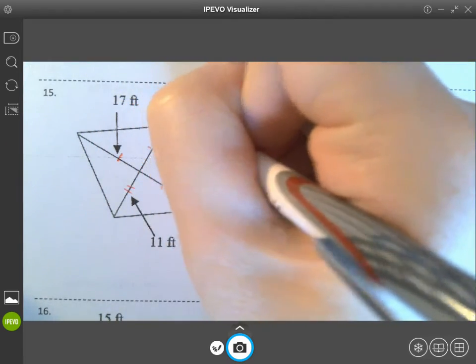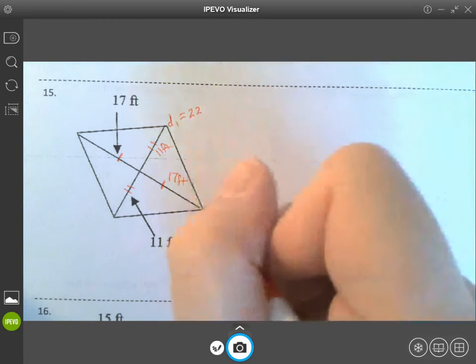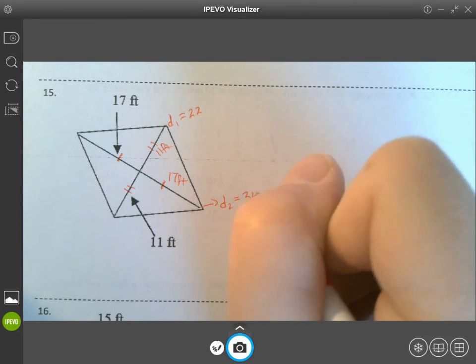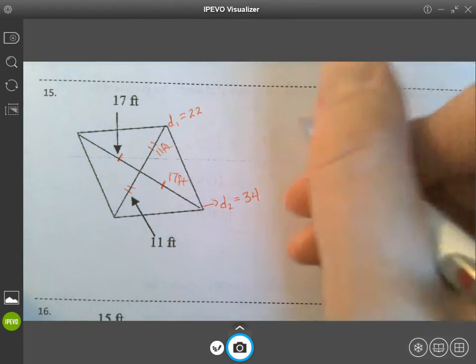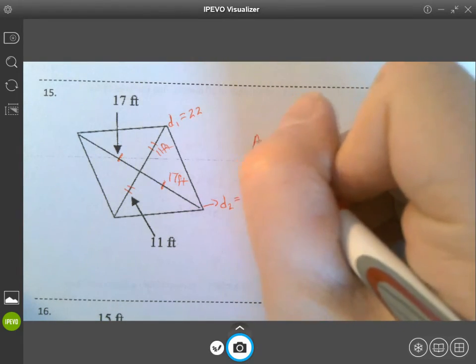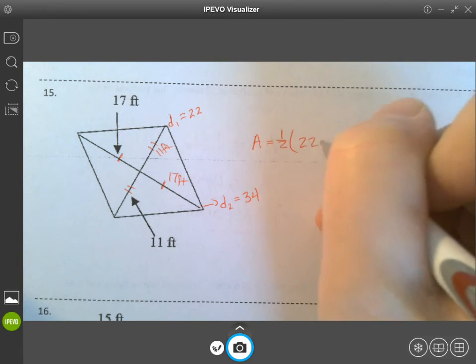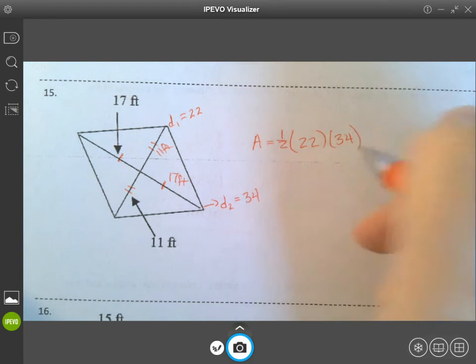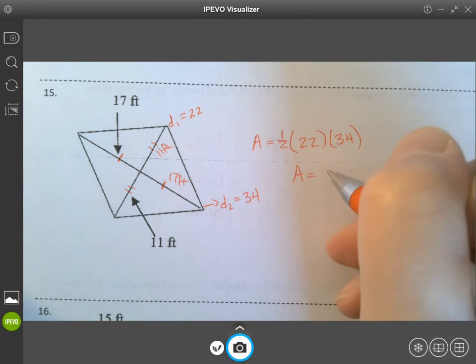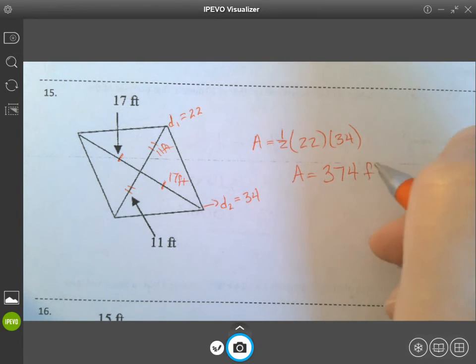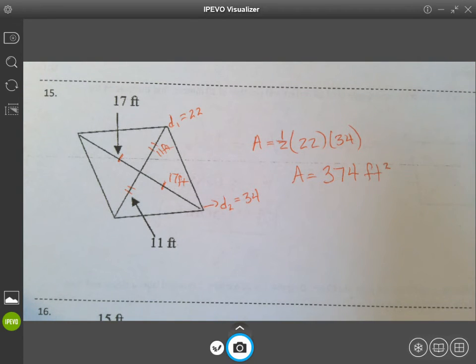So the diagonal here is 22, and the diagonal here is 34. Everybody agree with my math there? So area is 1/2 diagonal 1 times diagonal 2. So what's my area? 374 feet squared.